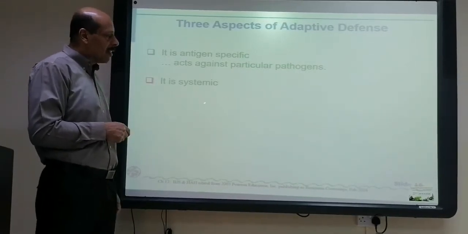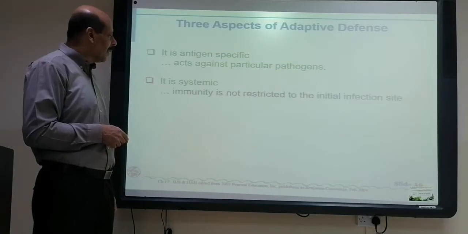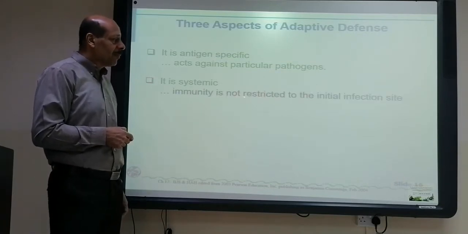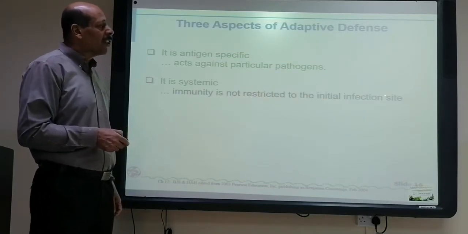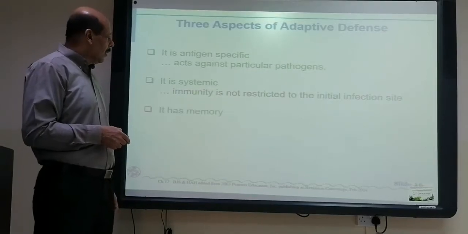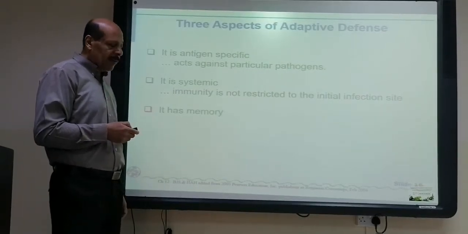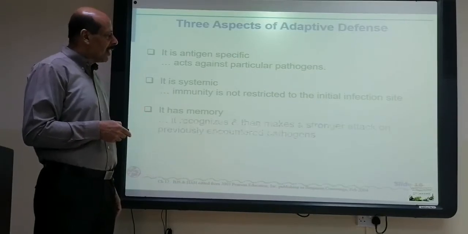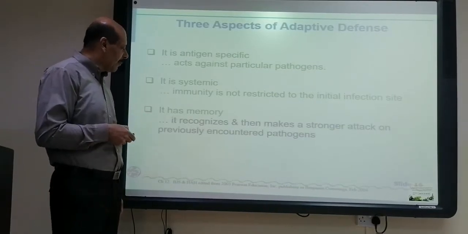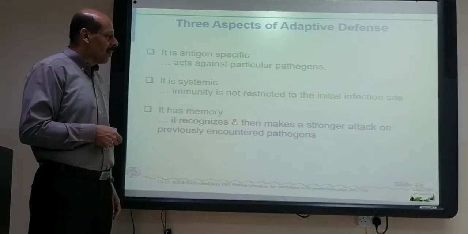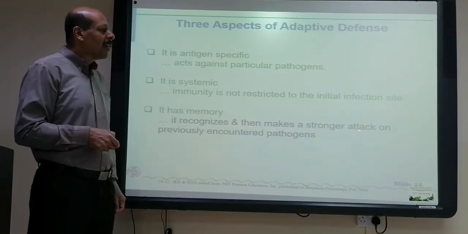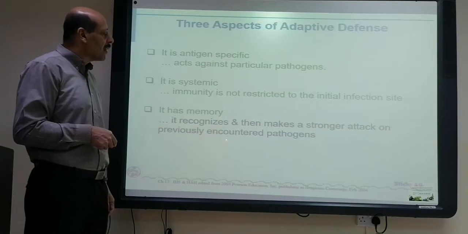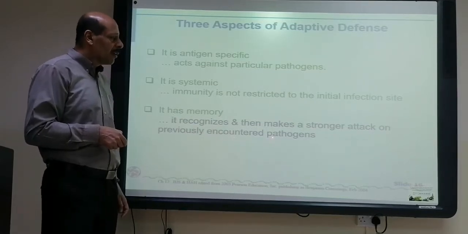Those antibodies are circulating in the whole body, so immunity is not restricted to the initial infection site. Also, it has memory. It has the ability to remember that antigen and to attack it if it comes another time. So it recognizes and then makes a stronger attack on the previously encountered pathogen.